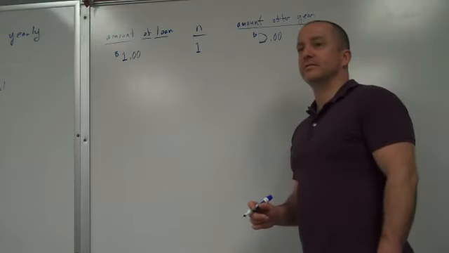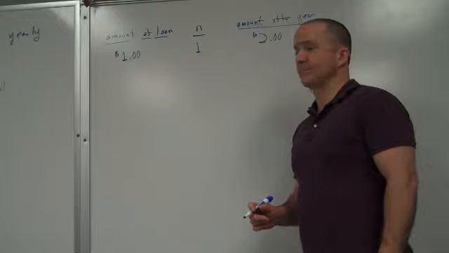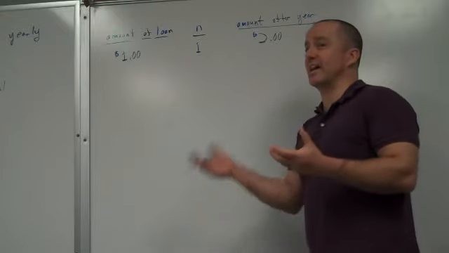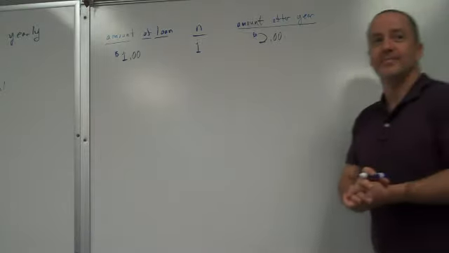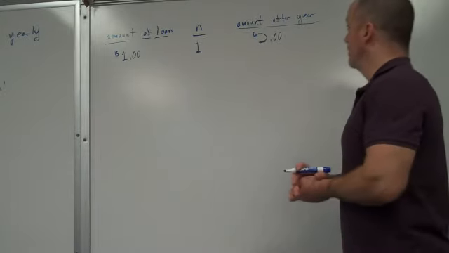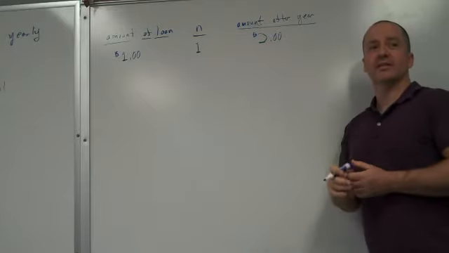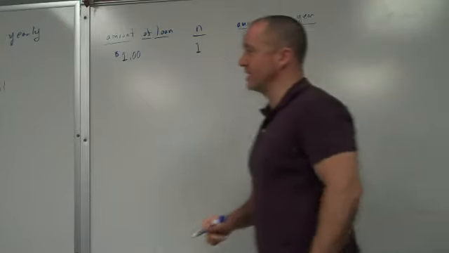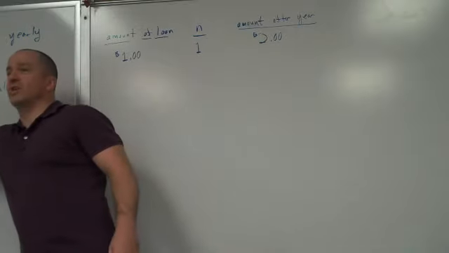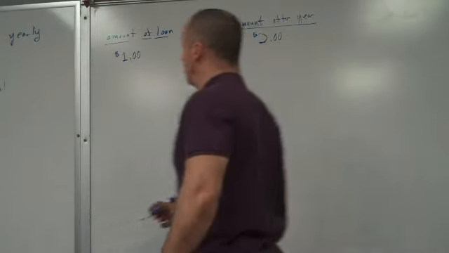You don't have to plug this into the formula. If it's 100% interest, you get 100% of the amount back. If you do plug it into the formula, n equals 1, your interest rate is 100%, which is just 1.